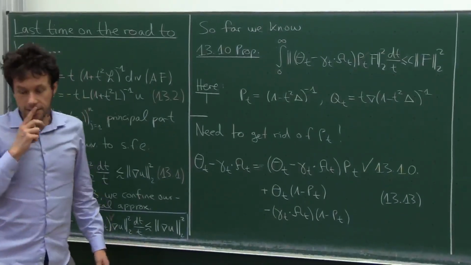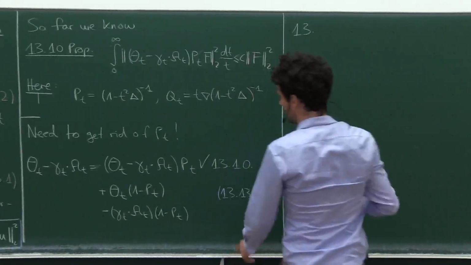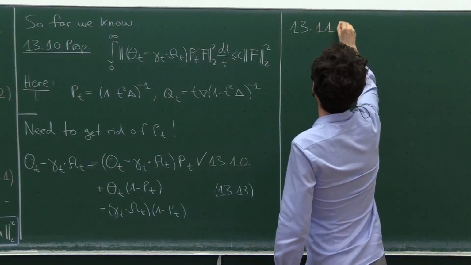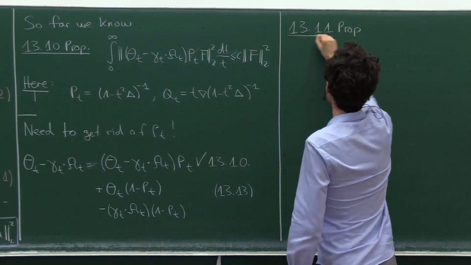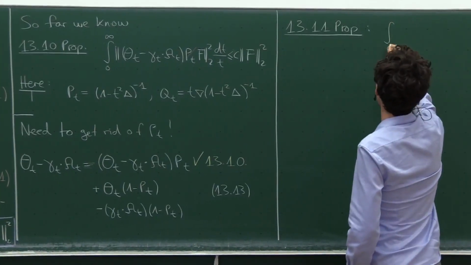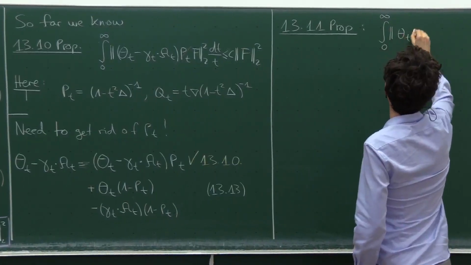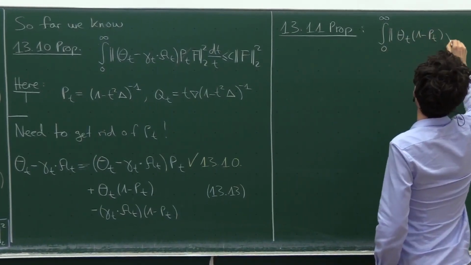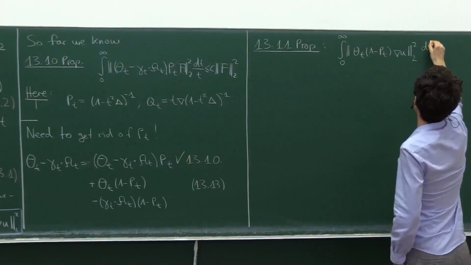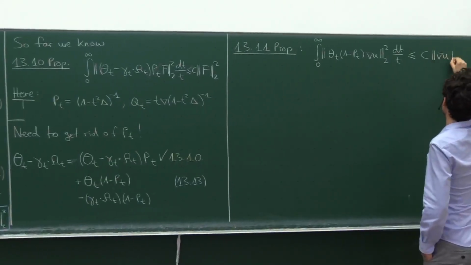All right, so let's do the first of the error terms, so the second term in 13.13. The proposition says that I have a square function estimate for the second term. So theta_t (1 minus P_t), which I only do on gradient fields, with dt over t, and I claim that this is controlled by the L2 norm of the gradient.